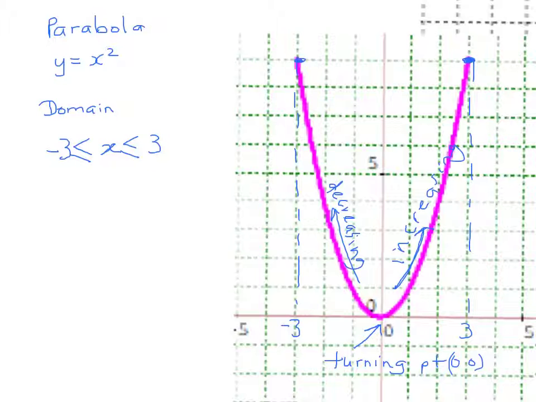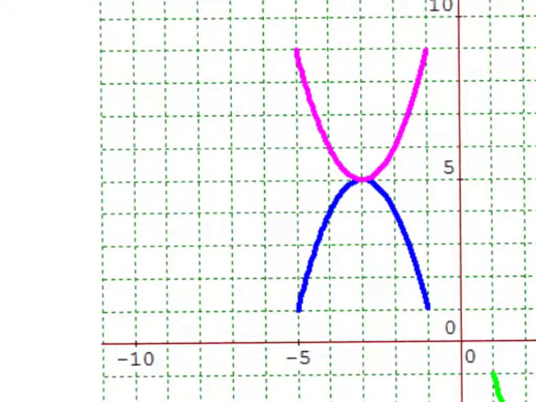Let's look at another one. Let's go to the next. And my next one is the same parabola that was back on page 1, the pink one. You can see it's been translated, it's been moved across and up.